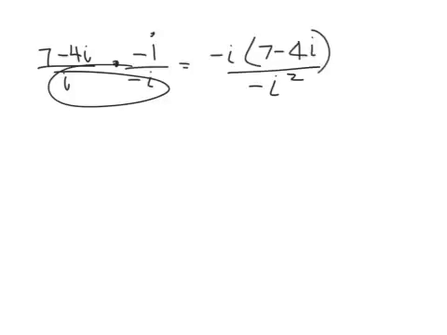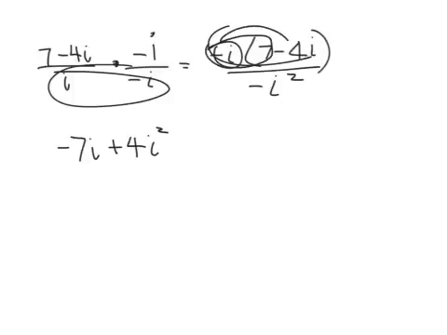Okay, so let's go ahead and do the top. Negative 7i plus 4i squared. Negative i times 7 is negative 7i. Negative i times negative 4i, two negatives give me a positive, and the i times i is i squared. And that is over negative i squared.